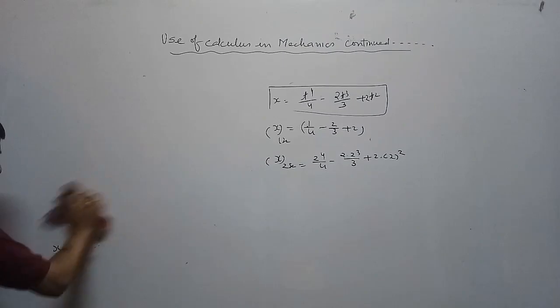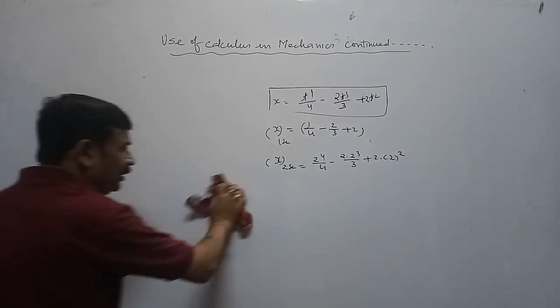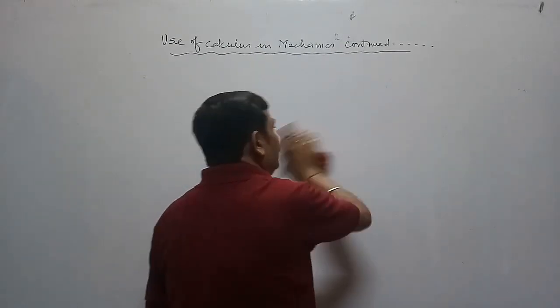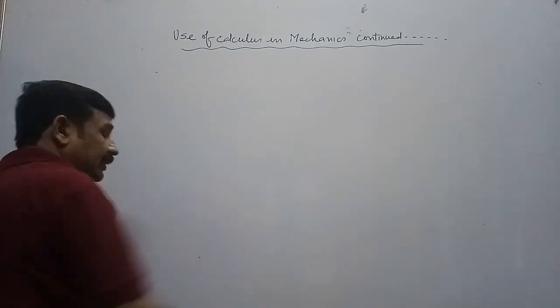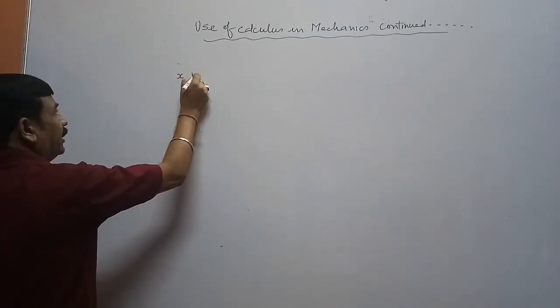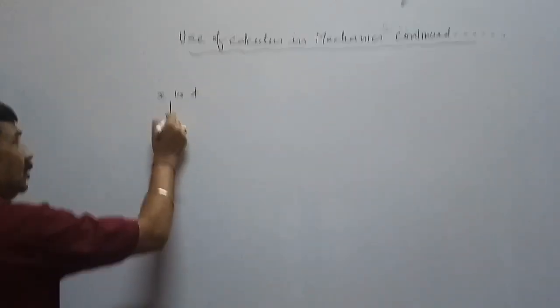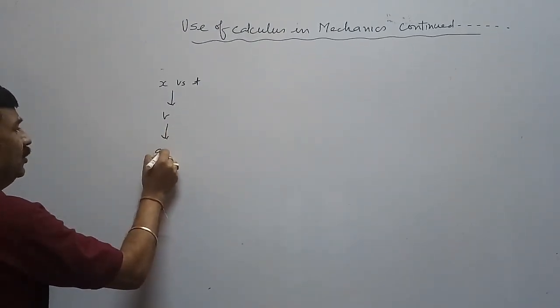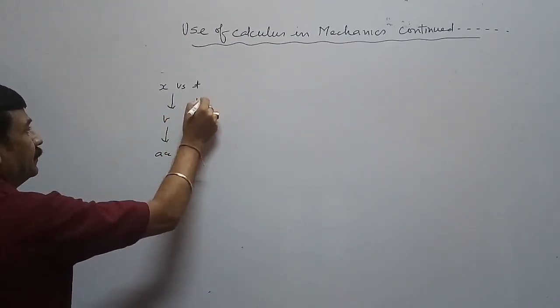Very simple it is. A few points are important which you have to keep in mind when we go for differentiation and when we go for integration. Again I am telling you, if the position versus time equation is given to you, differentiate it and you will get velocity. One more time differentiate it, and you will get acceleration.